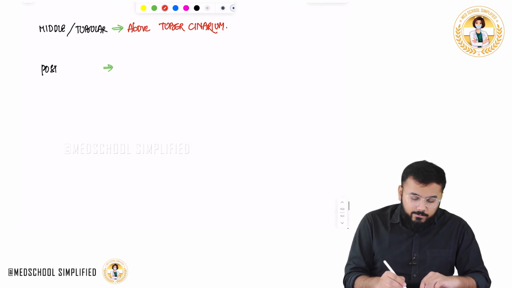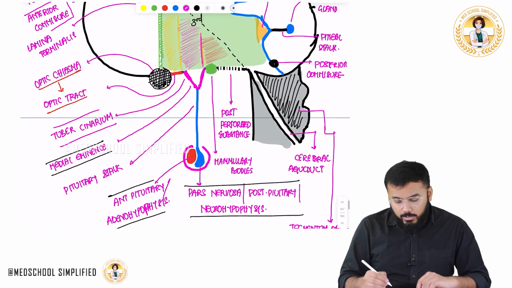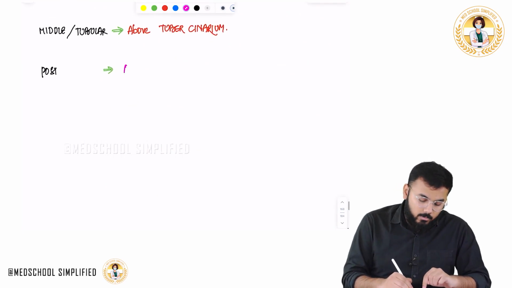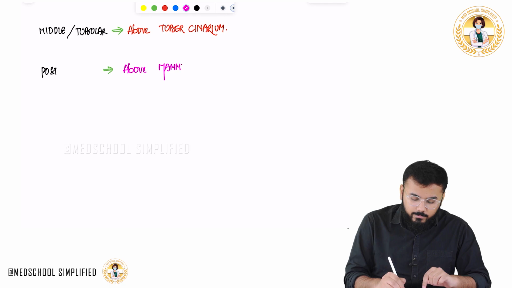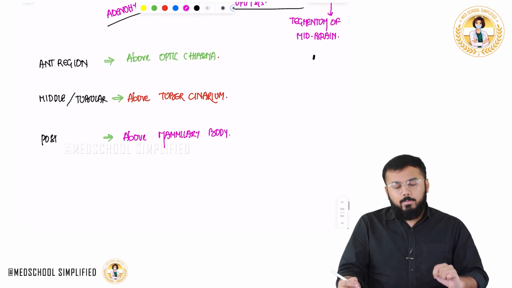And after that, where is the posterior region located? The posterior region is located above the mammillary body. Okay, it is located above the mammillary body.